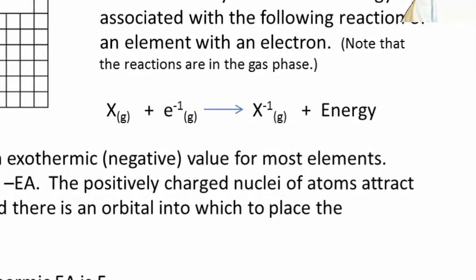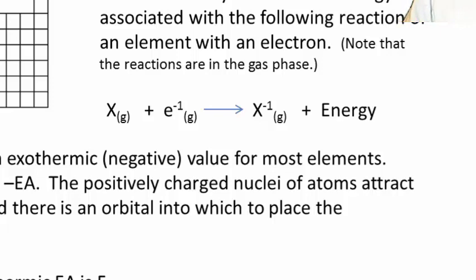Well, electron affinity is the energy associated with adding an electron to an element. Now, whereas ionization energy was the energy required to knock one out, electron affinity is the energy associated with gaining an electron. So these are essentially 2 different ways of trying to describe how strongly an atom wants to either hold on to or to gain an electron.